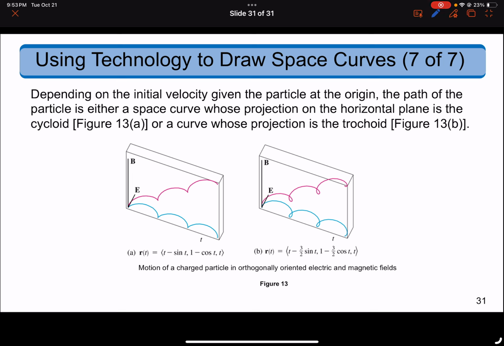By the way, electric and magnetic fields are related and orthogonal to one another. They move in perpendicular motion to one another.